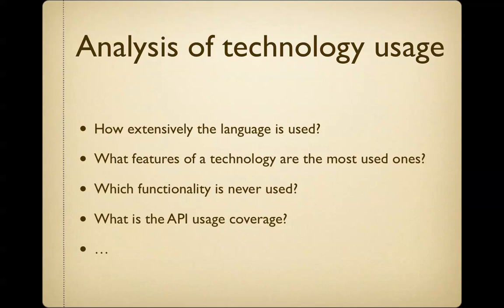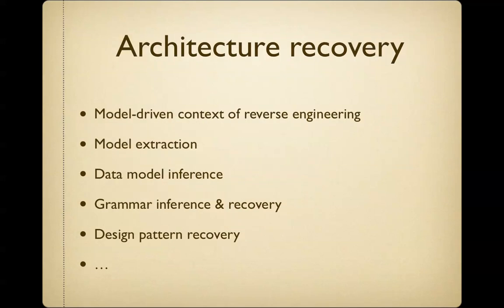So if an implementation claims to use a language, how extensively is it used? If you have a technology, then what features of that technology are the most used ones? Which functionality of a software technology or software language is never used among any implementations? If you use an API, what's the coverage of its use?